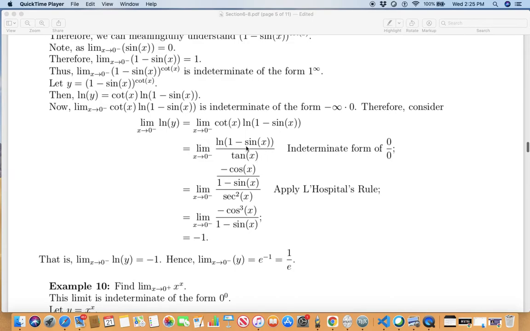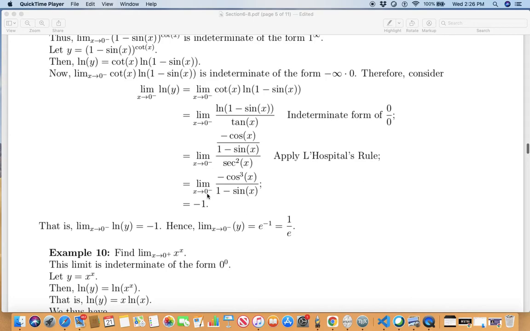So you are ready to take the derivative. Derivative of the top, 1 minus sine x, and don't forget the chain rule. Derivative of negative sine is negative cosine. Derivative of the bottom is secant squared. But what is secant squared? It is 1 over cosine squared. So cosine squared comes up. In addition to a cosine, you have cosine cubed. Okay, so this expression is nothing but this expression.